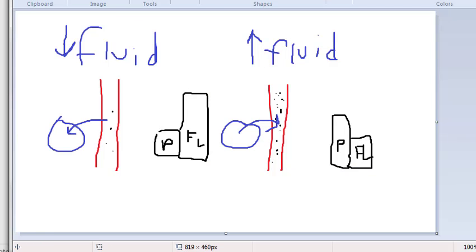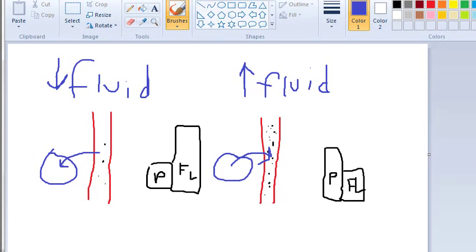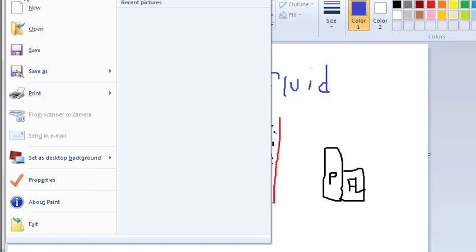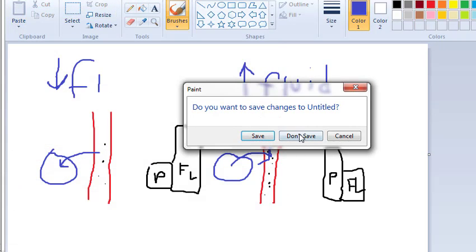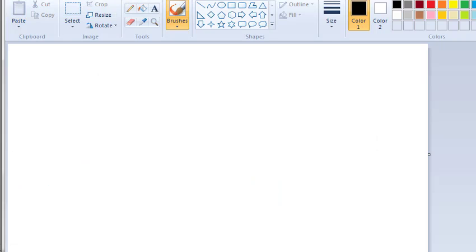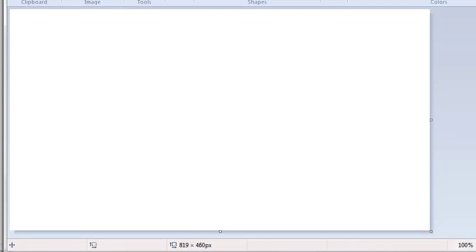Okay, let me get rid of this here. Let me start a new one here. Okay, so when you have a cell, and this is kind of like having a hypotonic solution that we talked about before, but we'll talk about it when it comes to low sodium. Here's a bloodstream, here's a cell.